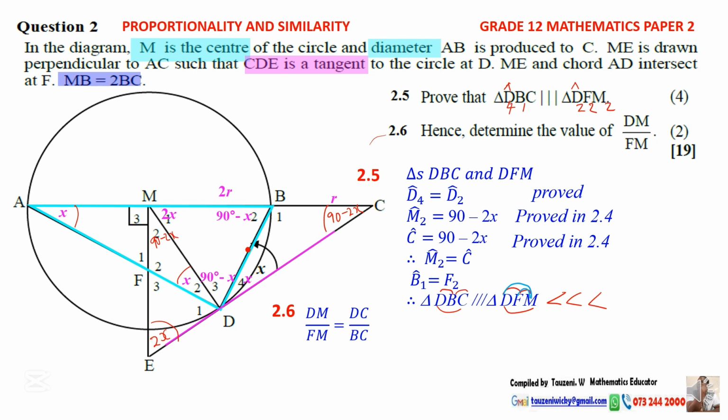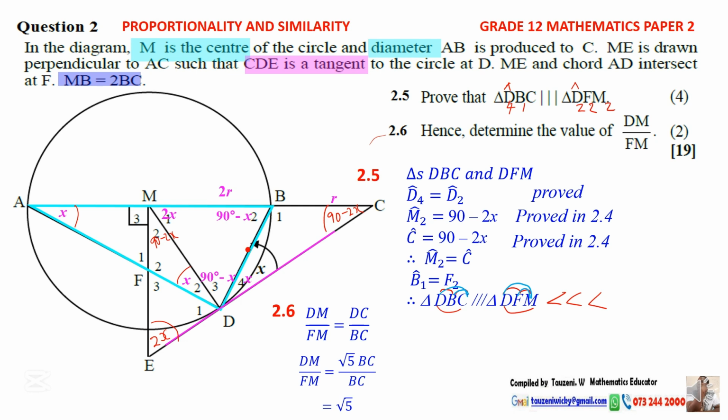I can also do the same thing on this side, DC divided by BC. The way you order the letters on the left and on the right must be the same to create the fractions you need. So from there, we do substitution and calculate our answer as is required.